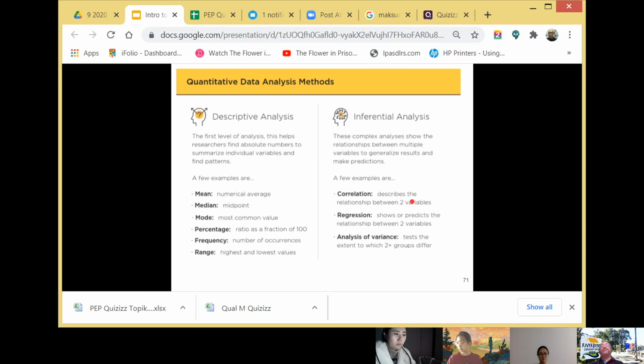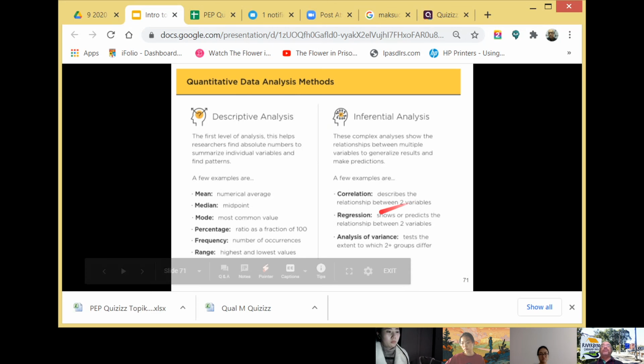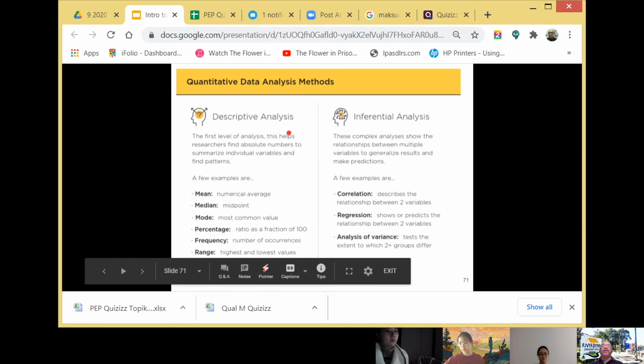This one is for quantitative. I think I will just skip this one, because in order to do the analysis, you have to measure the level of analysis. You have the mean, the median, the mode, percentage, frequency, range, and so on.